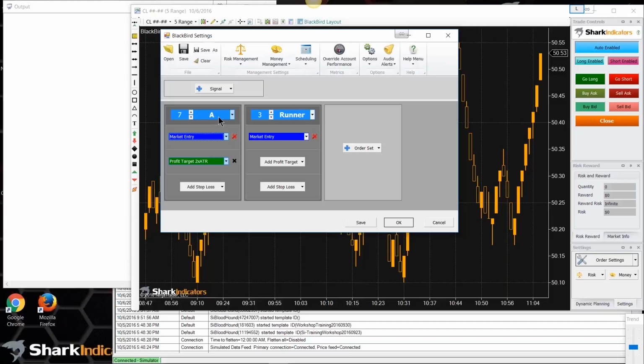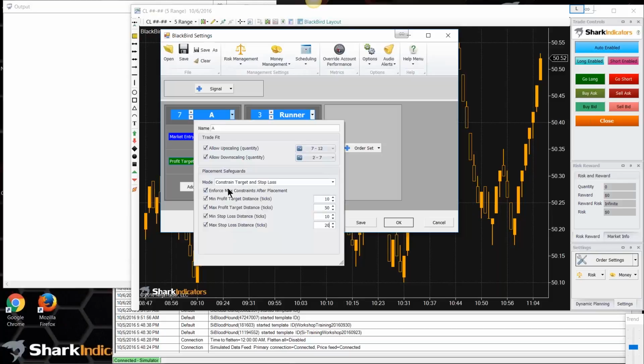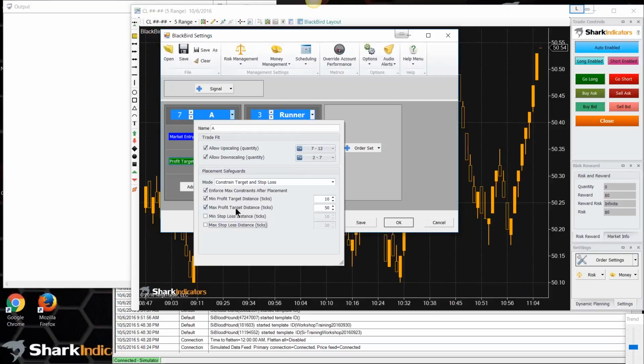So that could be a good example of why you might want to use some placement safeguards. You can use an ATR to set your profit target, but then you could also go in here and set a minimum and maximum profit target.